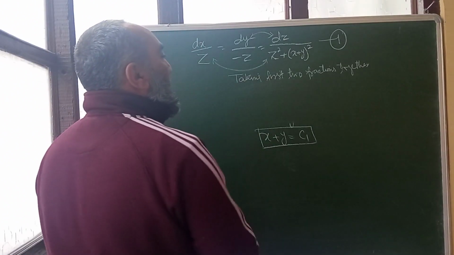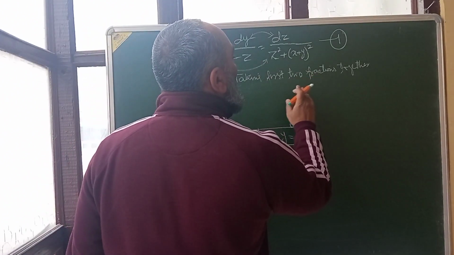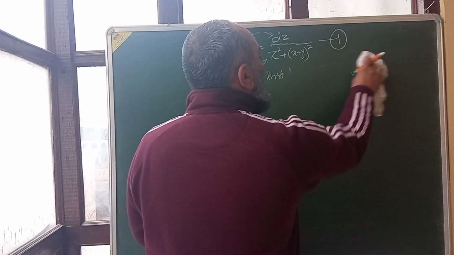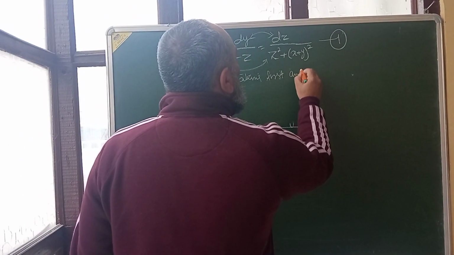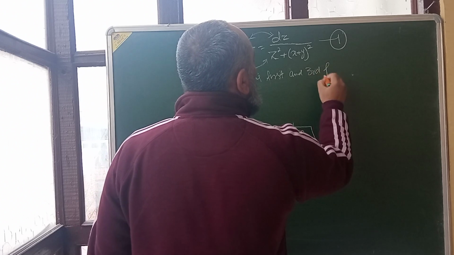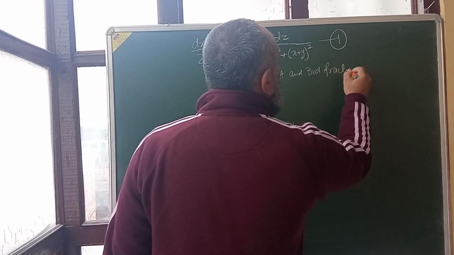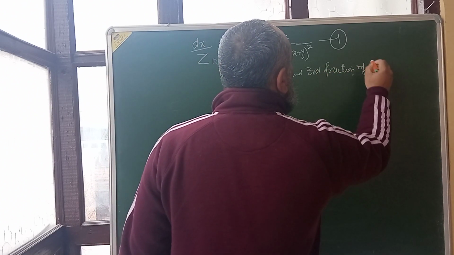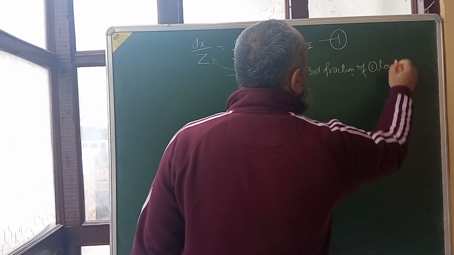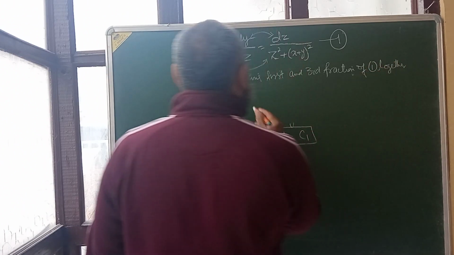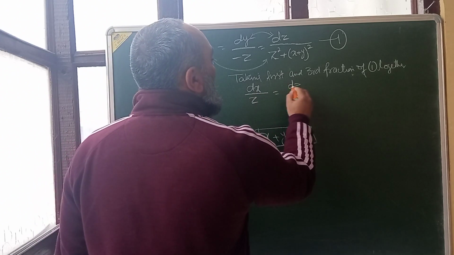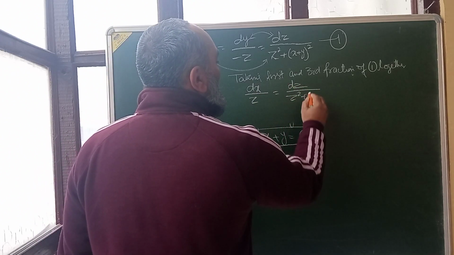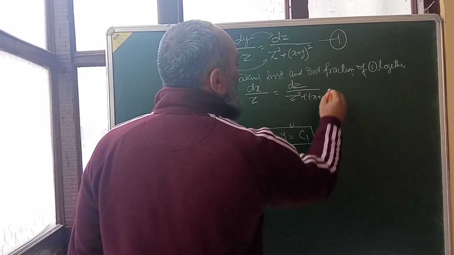Taking first and last, you can take second and last, don't worry. First and third fraction of 1 together, you will have dx by z, dz upon z square x plus y whole square.